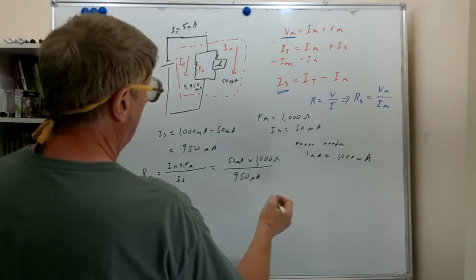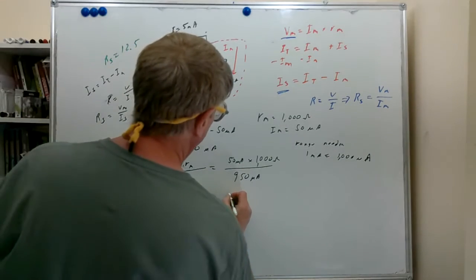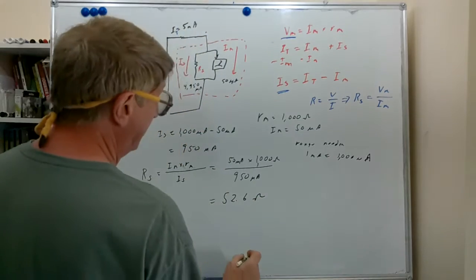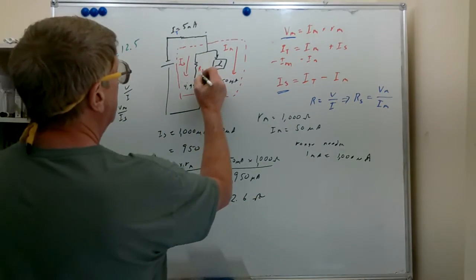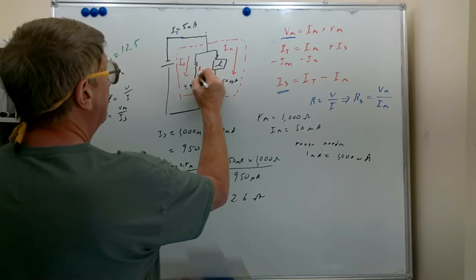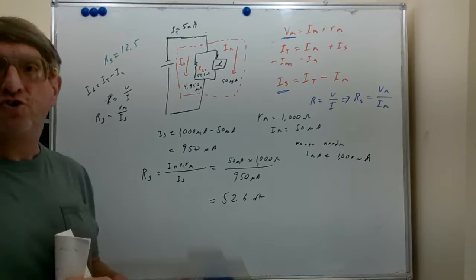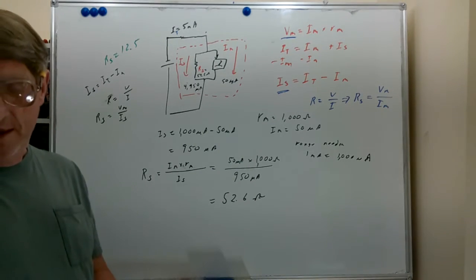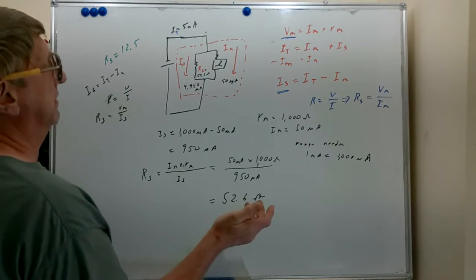In the calculator, we end up with 52.6 ohms. So for this particular application, we needed RS equal to 52.6 ohms. That would allow us to convert our 50 microamp meter movement into a 1 milliamp meter.